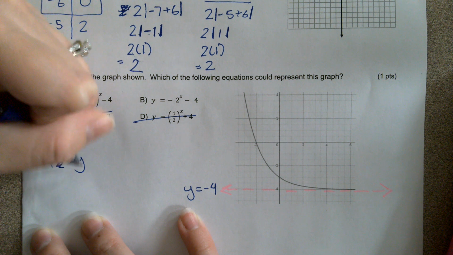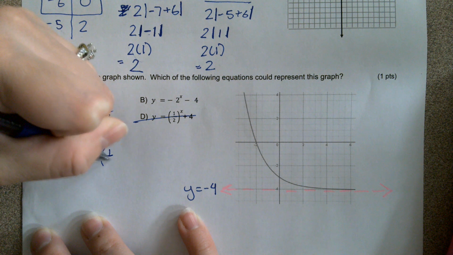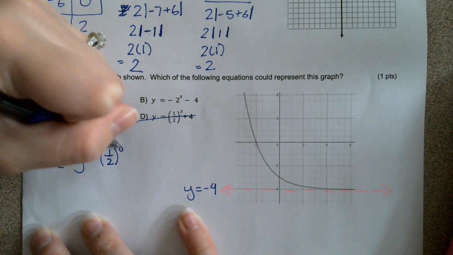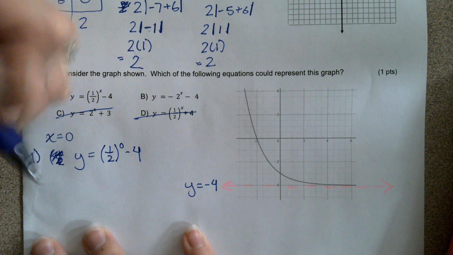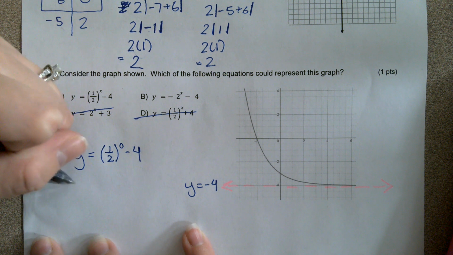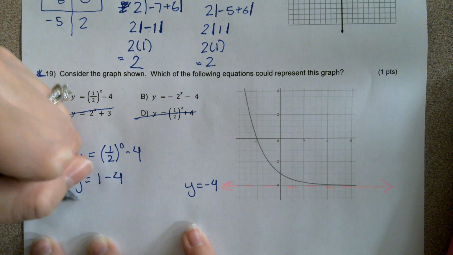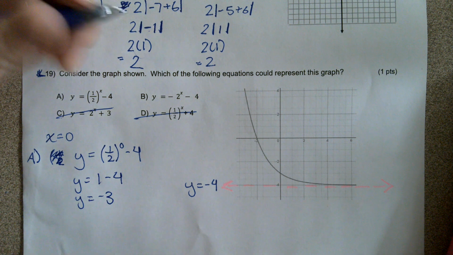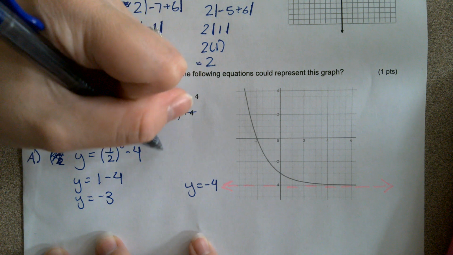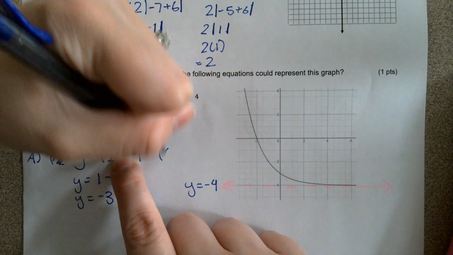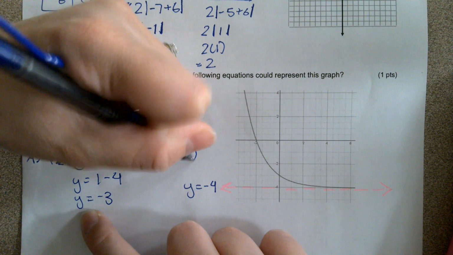This makes me feel better. Y equals 1/2 to the 0 minus 4. 1/2 to the 0 is 1. 1 minus 4 is -3. So for A, I have the point, if x is 0, y is -3.